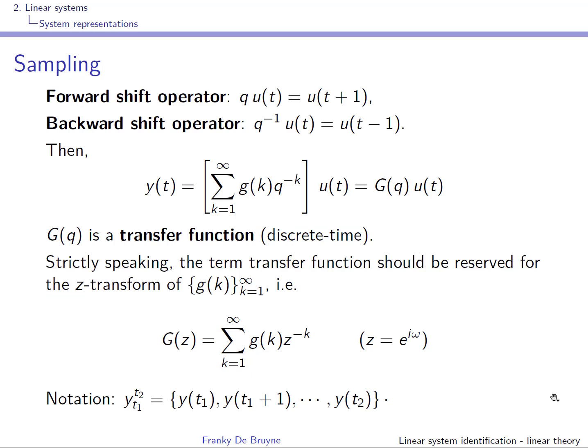So if I write down the convolution sum of the previous slide, this is what you obtain: a sum from 1 to infinity of g(k) u(t-k), and this is really the impulse response of the system. And when I say system, well, it's the relation between input and output.